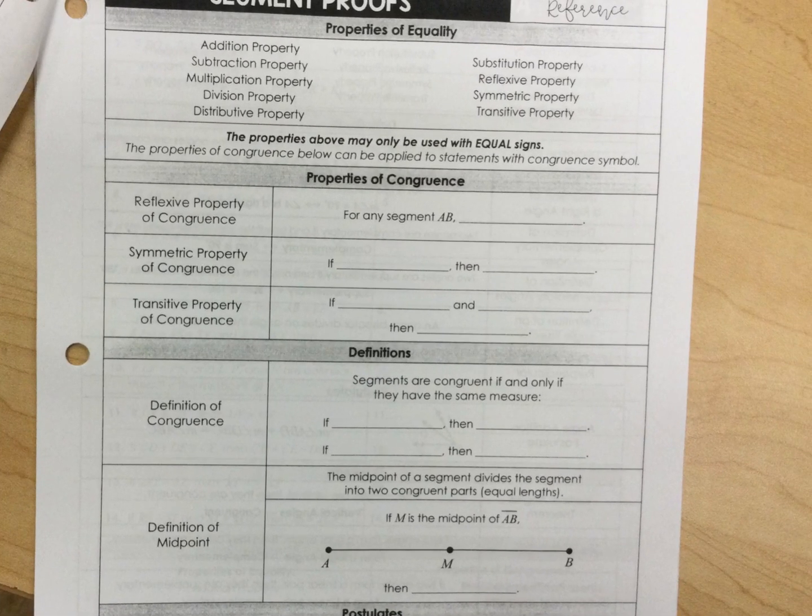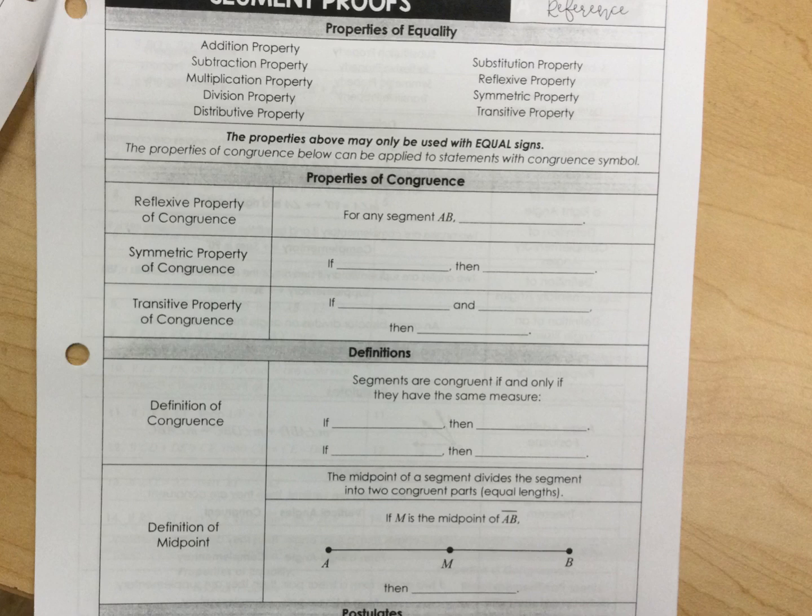Okay, so here's your properties of equality listed at the top. And we're going to go over reflexive property of congruence. So these are going to be the same thing as properties of equality, except we're going to use congruent. Congruence means the same thing as equal, except we do it with names, okay?